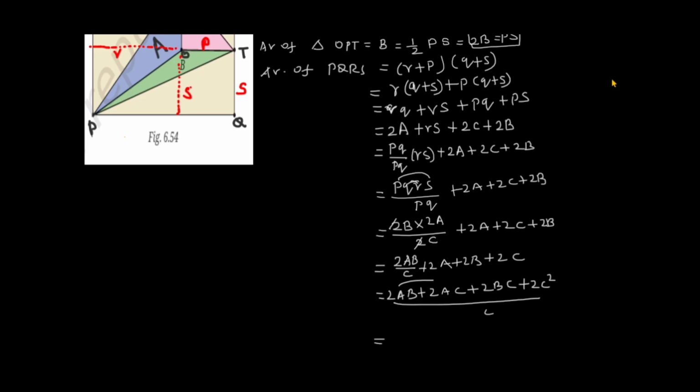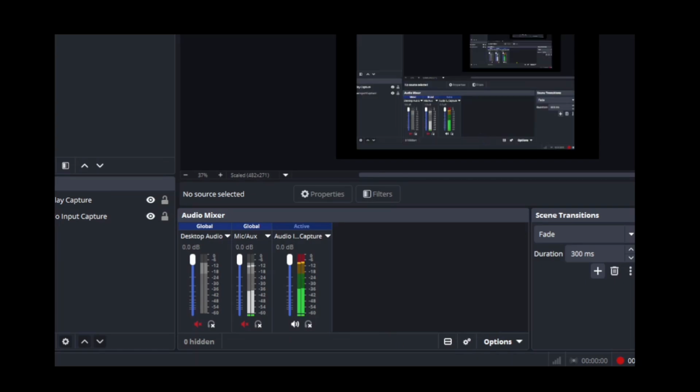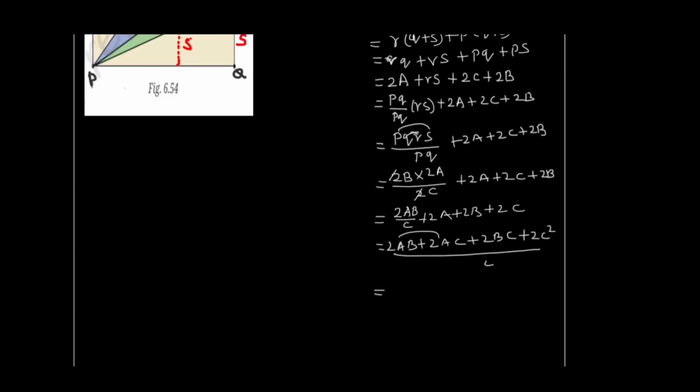From the first two, if we are taking 2A as common, the rest of the letters B plus C. For the next two expressions, if we are taking 2C as common, the remaining B plus C.